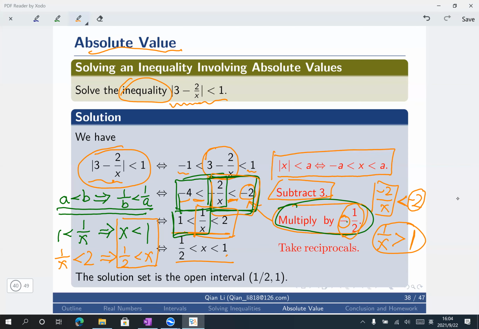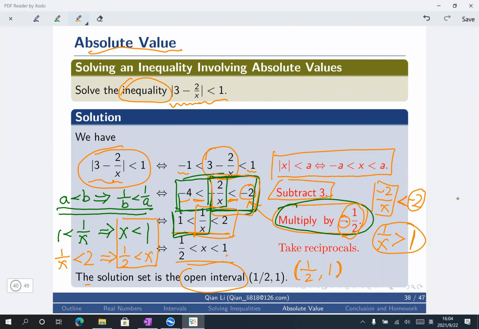Got it? Okay, then we can get the solution of this inequality. It is an open interval, and this open interval is (1/2, 1), with a parenthesis on each end.